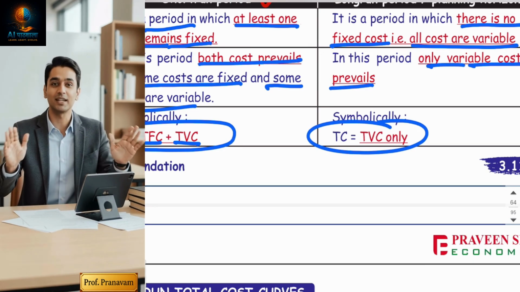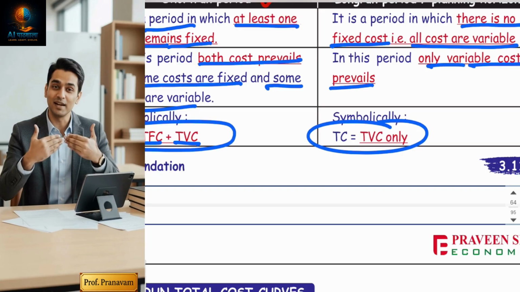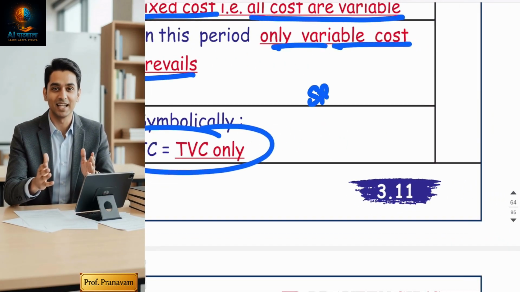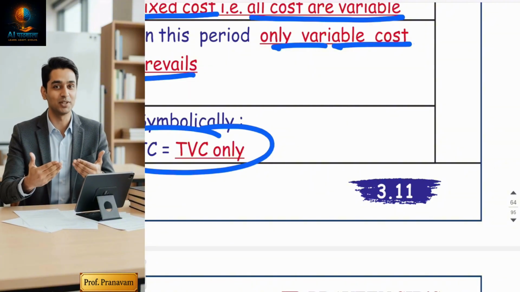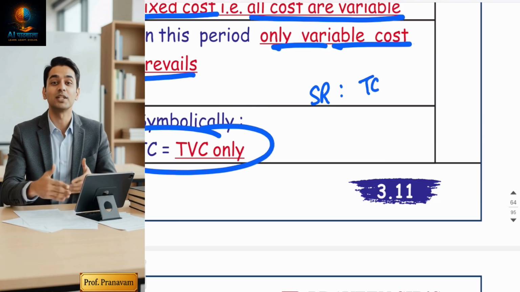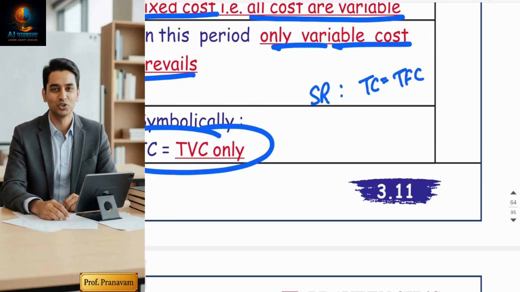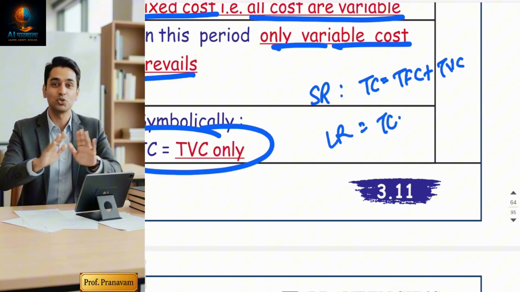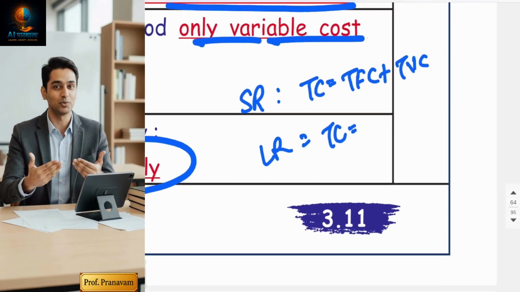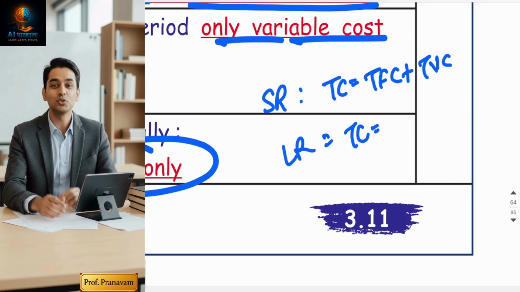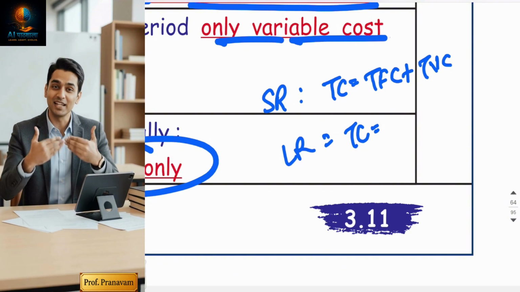But sir, how can you say this? Guys, what economists want to say is, in the short run both costs are there. Total fixed cost is there, plus total variable cost is there. But in the long run, there is only variable cost. You know what they actually want to explain? In the short run, the cost which was variable remains variable in the long run.